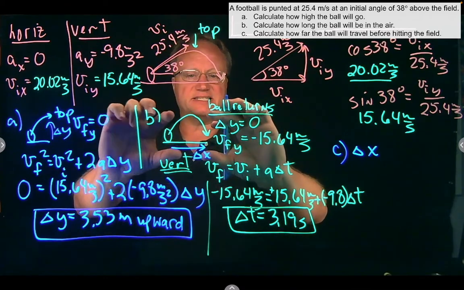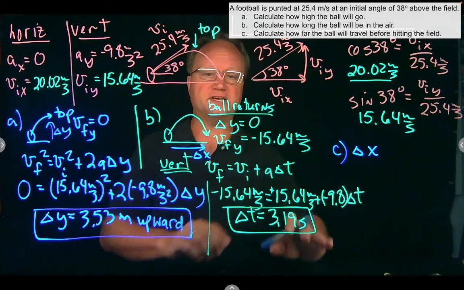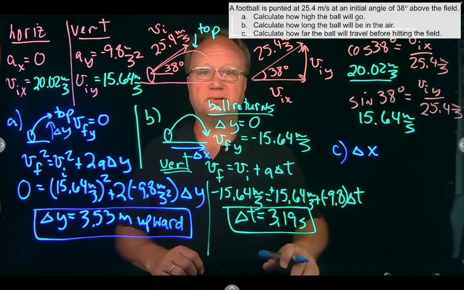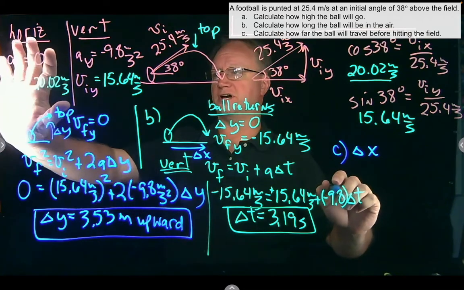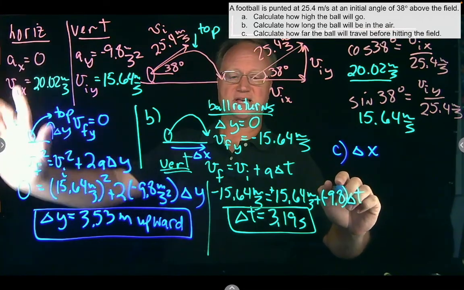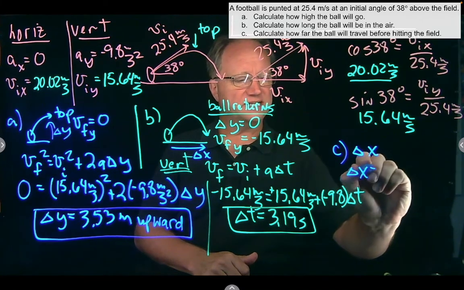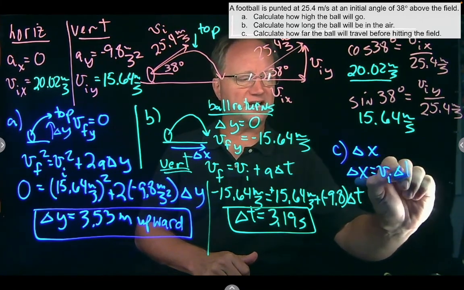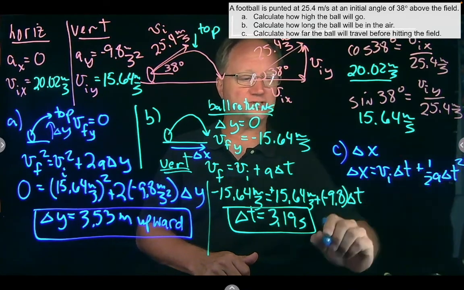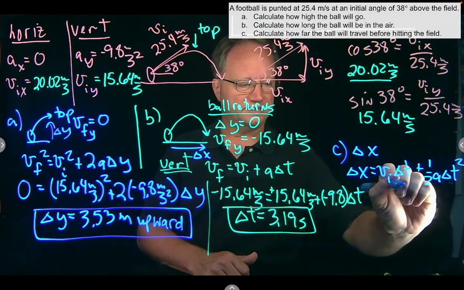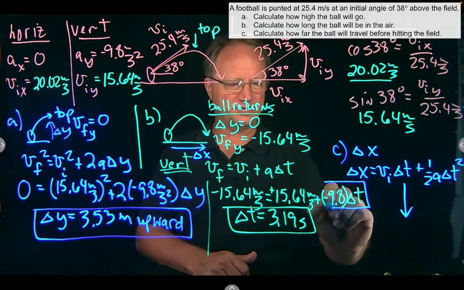So that's the same interval in B and C. So then everything we used in B still applies to part C. So then I have enough to use a horizontal motion equation with these, and then my time. I can go delta x is equal to VI delta t plus 1/2 A delta t squared, and plug in.